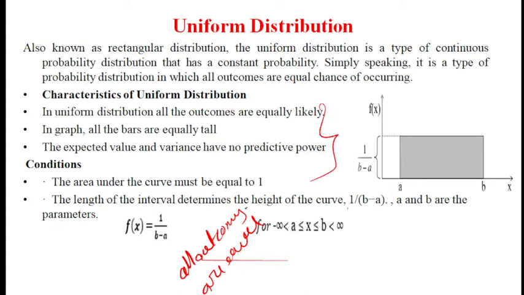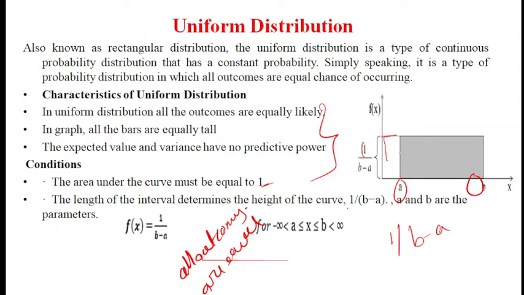The area under the curve must be equal to 1. The length of the interval determines the height of the curve, that is 1 by b minus a, and a and b are the parameters. Here we have taken two parameters a and b to find the height of the curve, that is 1 by b minus a.